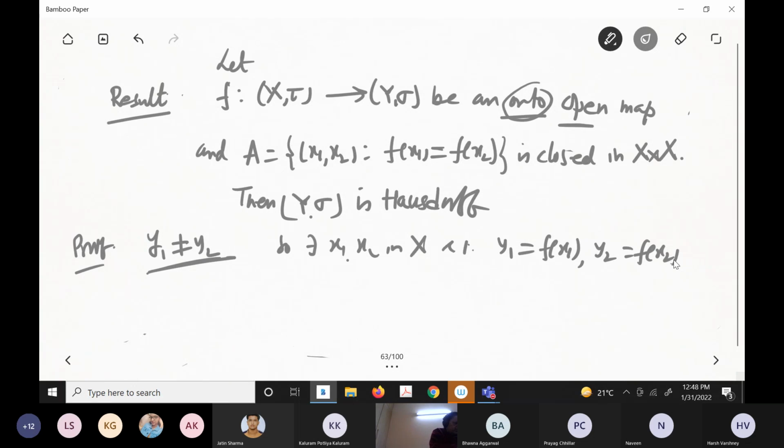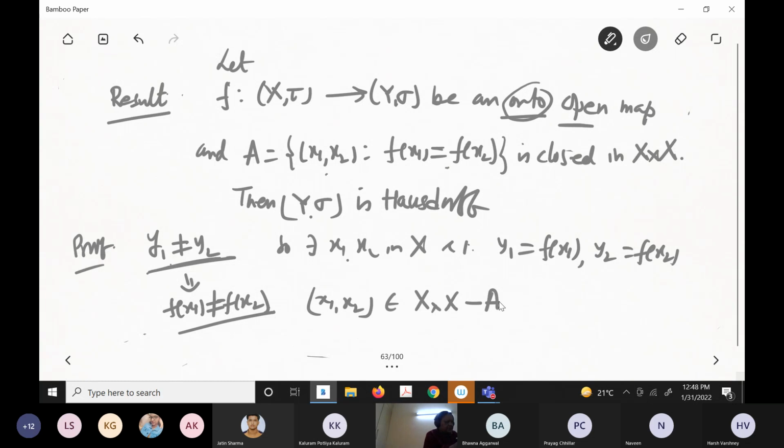Now see that y1 not equal to y2, so fx1 not equal to fx2 implies, well, got it. This means (x1, x2) doesn't belong here because A is this. That means (x1, x2) belongs to X cross X minus A.